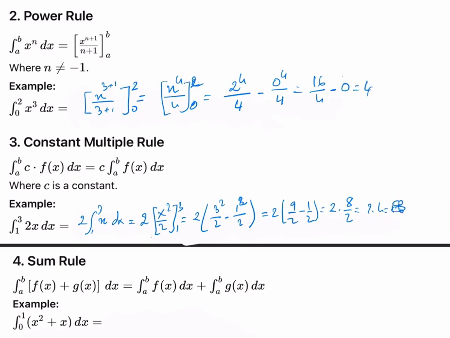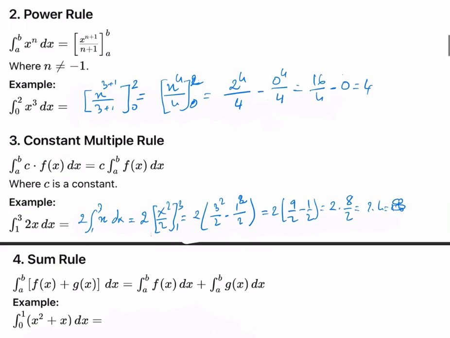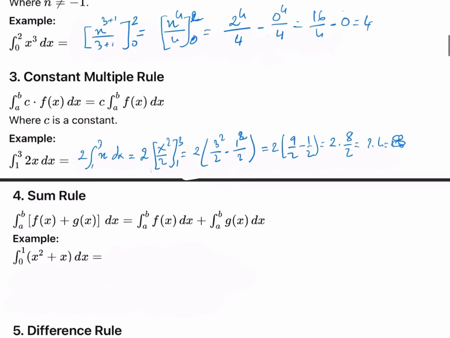Okay, for the sum rule, same thing. You just take the integral of each one apart. This will be the integral from a to b of f(x) dx plus the integral from a to b of g(x) dx. As an example, the integral from 0 to 1 of x squared plus x.